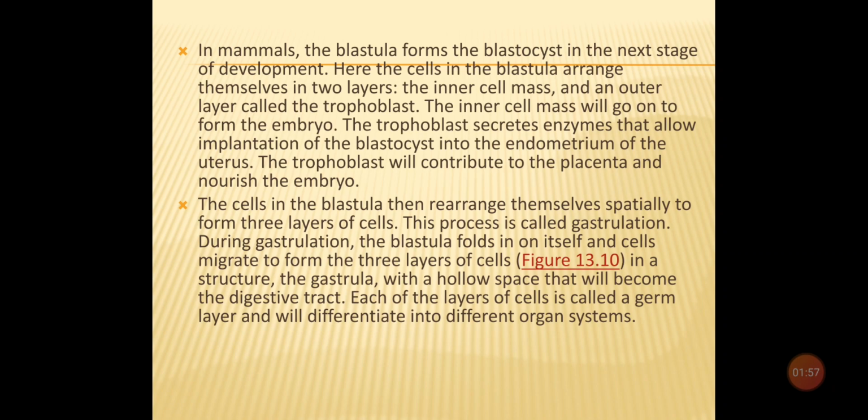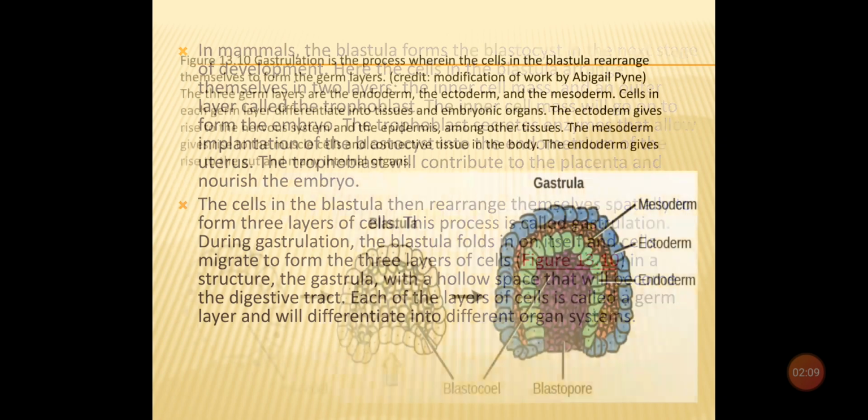The mesoderm gives rise to the dermis, all types of muscular tissue and various connective tissues. The development of the major organ systems is called organogenesis.